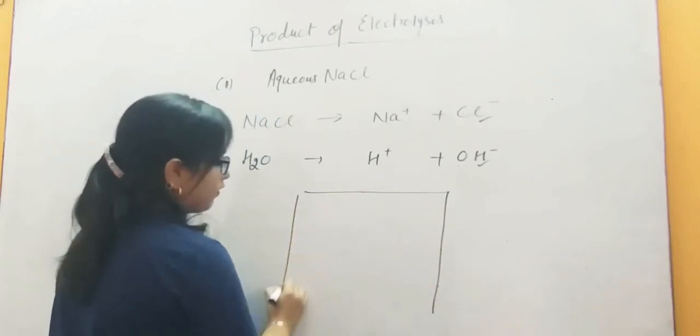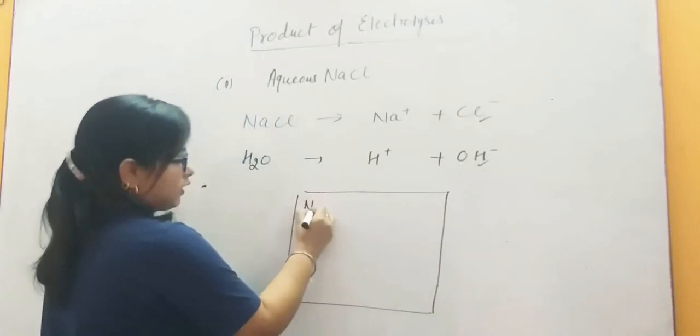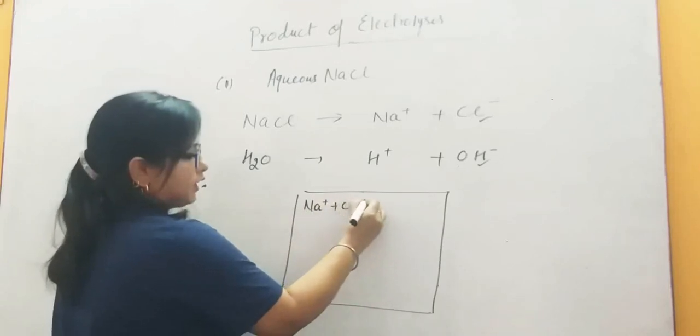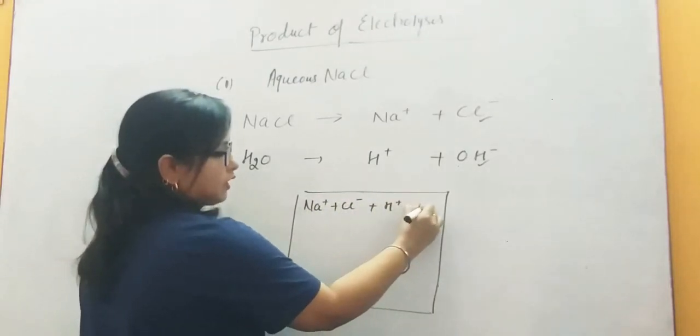So we are having 4 ions, Na+ and Cl-, and H+ and OH-.